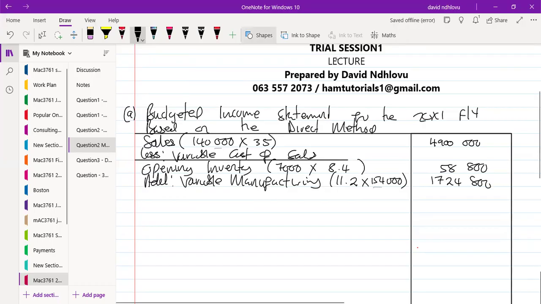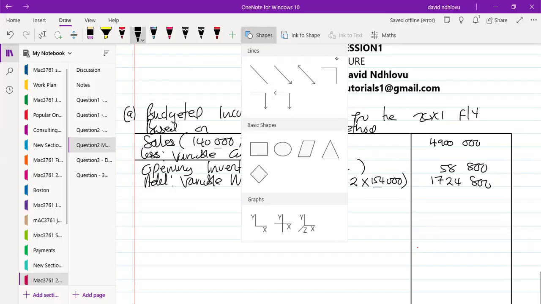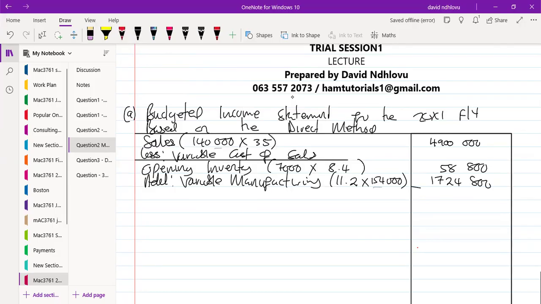So we add the two. We don't add the fixed manufacturing overhead. So now that we've got the total of our variable manufacturing costs, we add the opening inventory, and that is going to give us a value of 178,600. So this is our total available for sale.